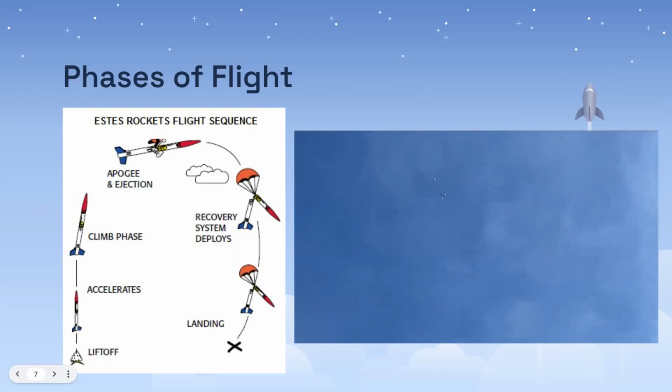And especially for this type of rocket, the sections actually separate from each other and descend on their own parachutes because it is such a large vehicle.